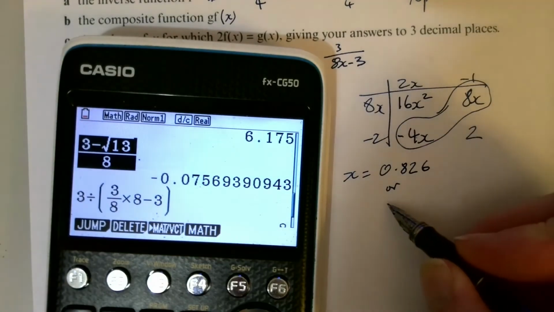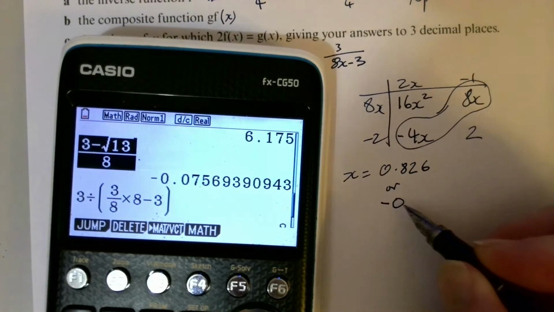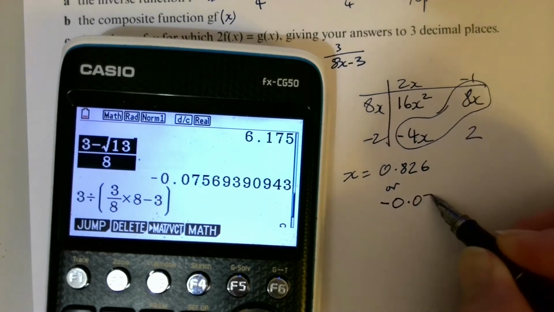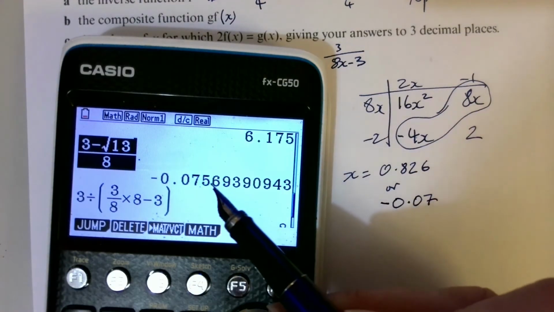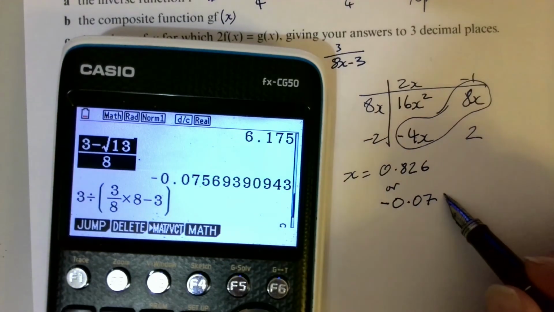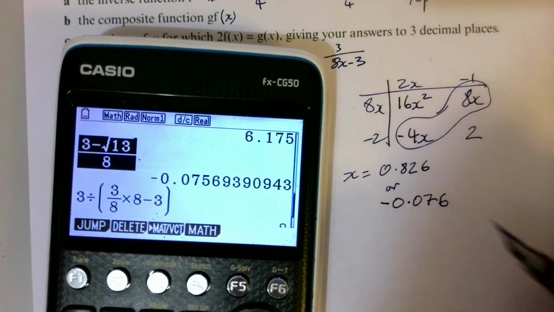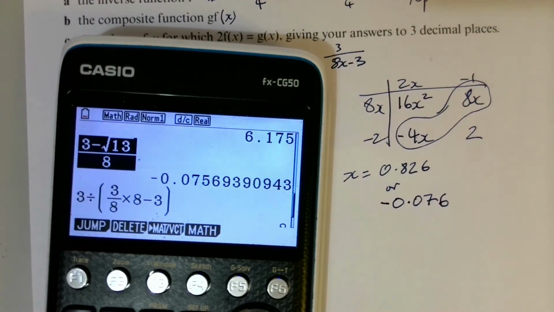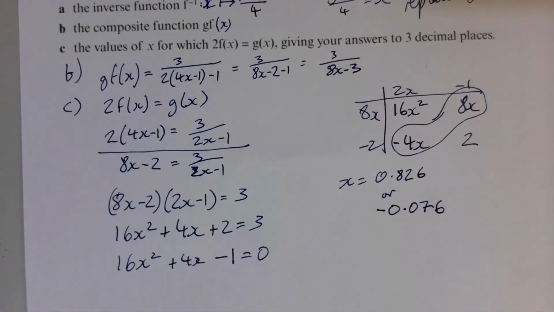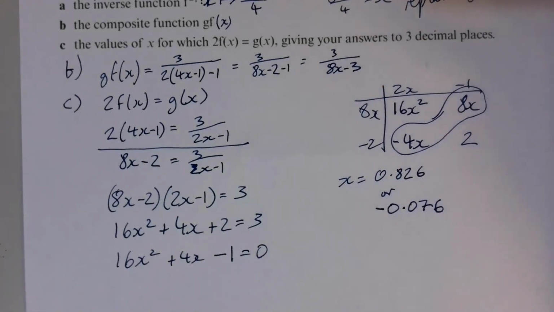So for that reason, I do not know why the calculator rounded it incorrectly, but 3 decimal places would actually be 0.076. So that's just a word of warning to watch out, because you don't want to lose a mark for accuracy on that, do we?